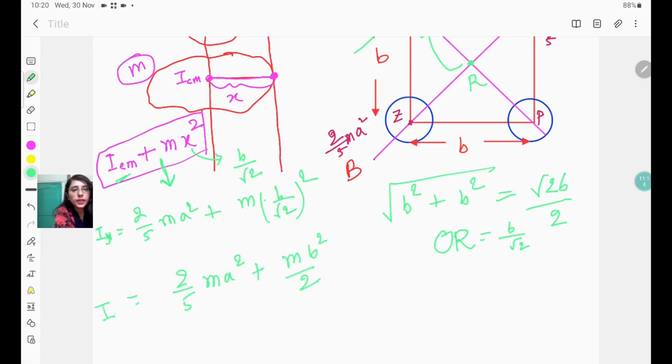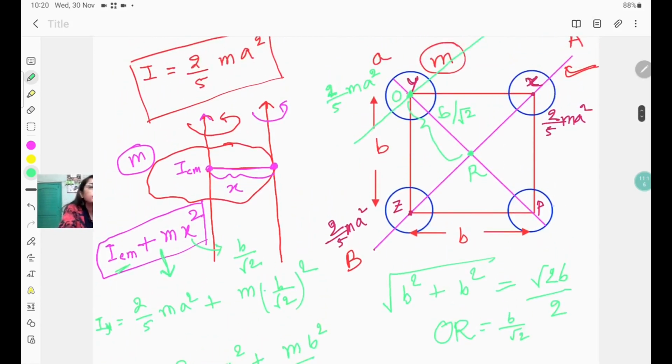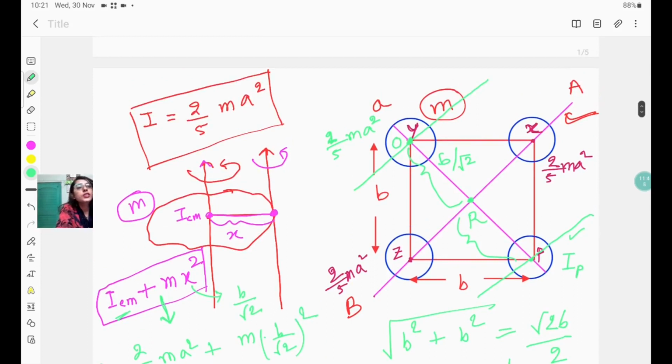This one is IY. Similar way, if this is P, then IP will also be that. Here we have to imagine an axis passing through the center of mass of this sphere P, and again this will be 2 by 5 m a square about this axis, and again m into this distance square will be just added with it to find the final moment of inertia about the axis AB, that is the diagonal of this system.